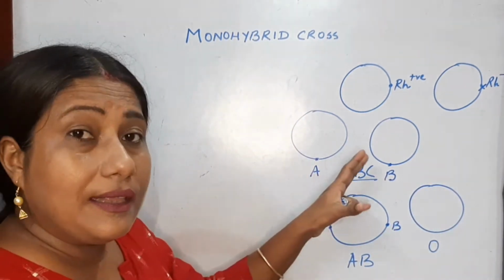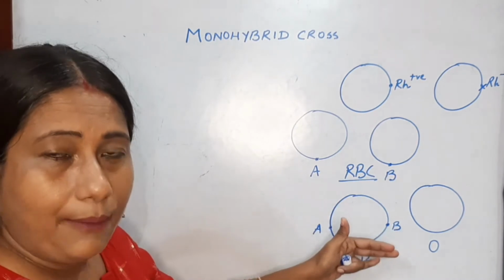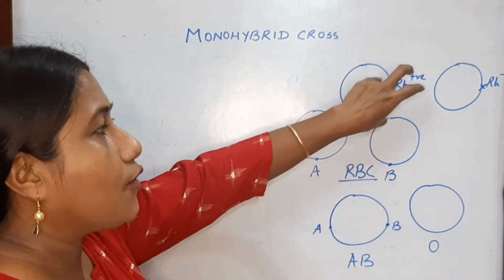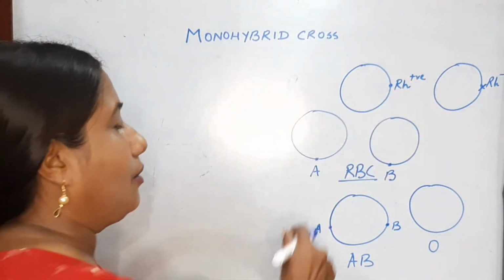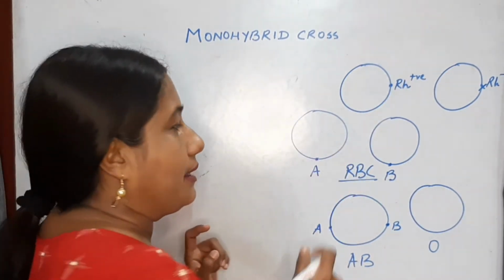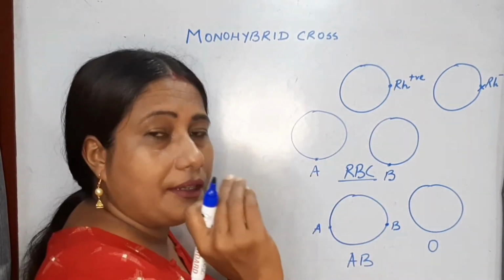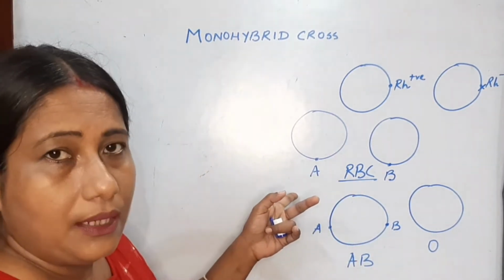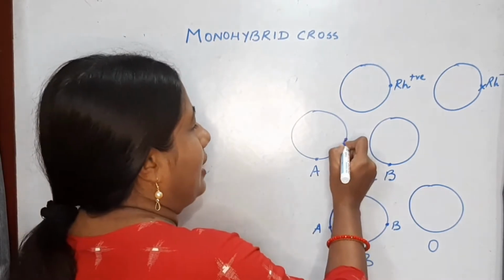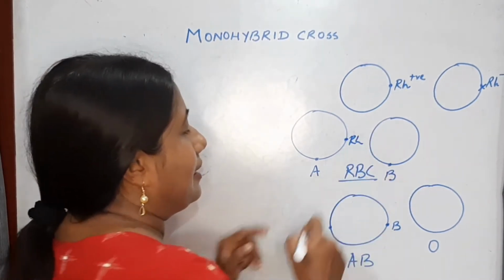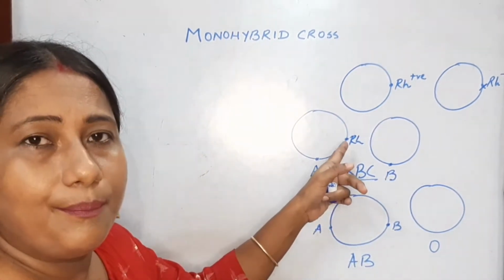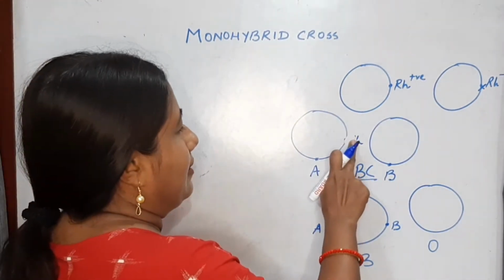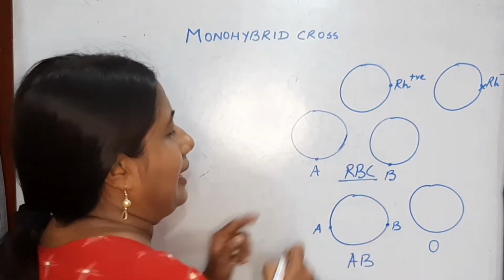So, along with the A, B, AB and O blood groups, if a person also has the Rh antigen on the surface of the RBC, they are called positive blood group people. For example, suppose a person with A blood group also has the Rh antigen, then this person is A positive. If he does not have the Rh antigen, then he is Rh negative.